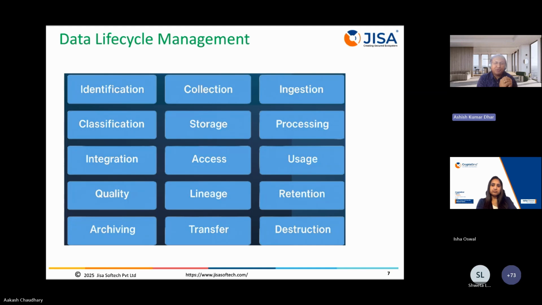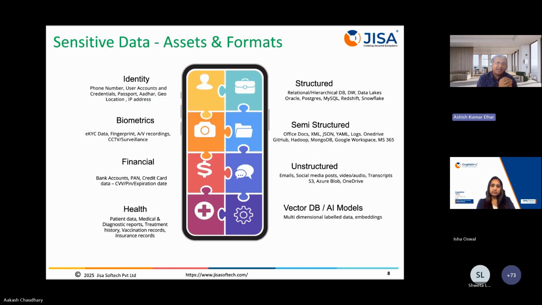So maybe we quickly move to the next slide to understand how this data lifecycle management would be implemented and what kind of sensitive data assets and formats we have to take care of. And as I reminded you, in this particular act and the rule, it doesn't talk about the specific kind of personal data, whether it is PII or PCI or PHI.